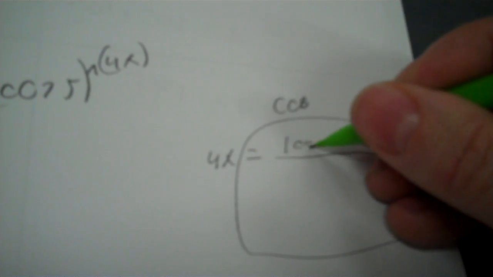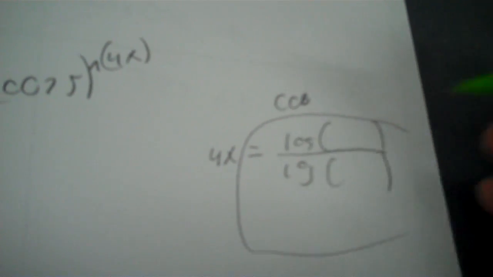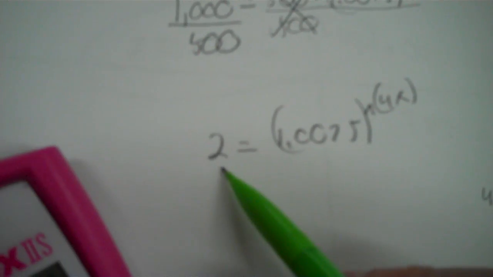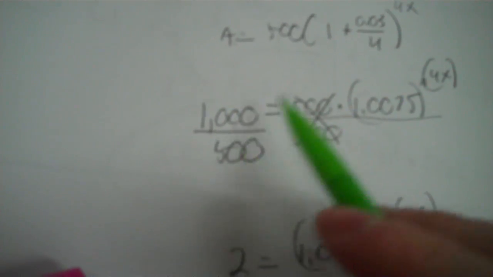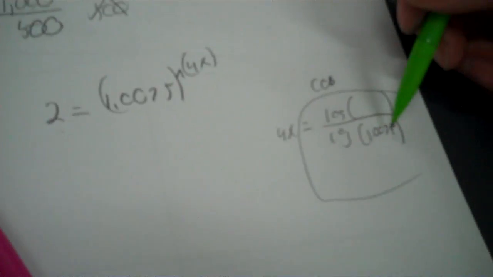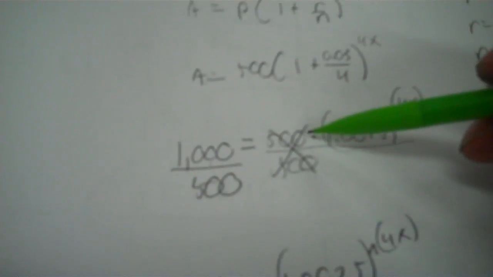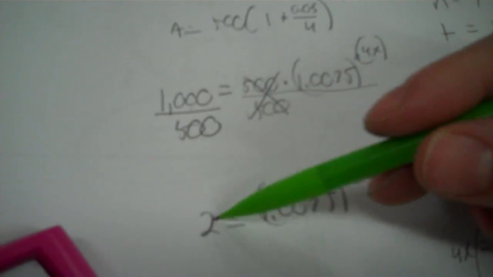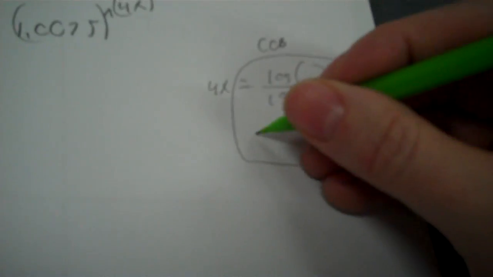Now I use my COB, log over log. You can't use your COB until you have the base and the product. You can't have two numbers floating outside, okay? By the way, at this point, you know 1.0075 is the bottom log, but you don't know what's on top because you have to divide by 500, so that's 2.